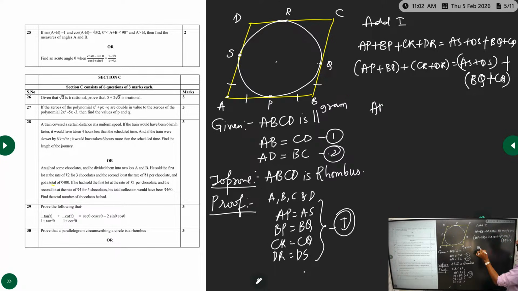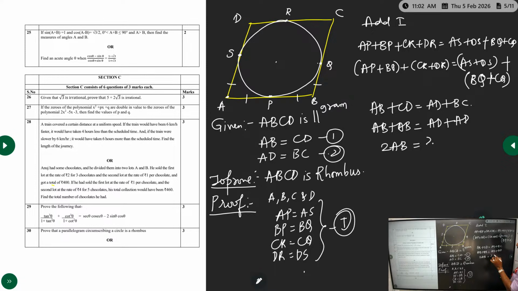So AB plus CD is equal to AD plus BC. Now please check what AB is equal to. Replace any one. AB plus AB. AD is equal to BC. So AD plus AD. Twice AB is equal to twice AD, the 2 cancels.